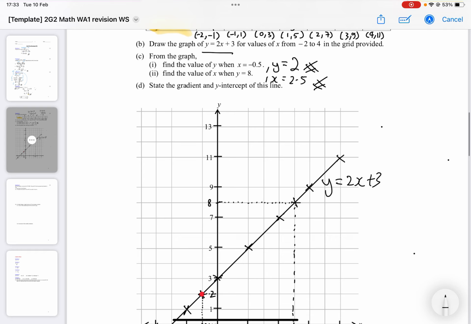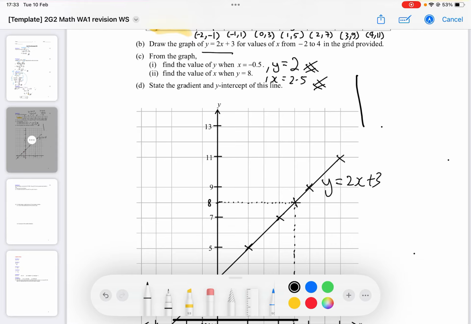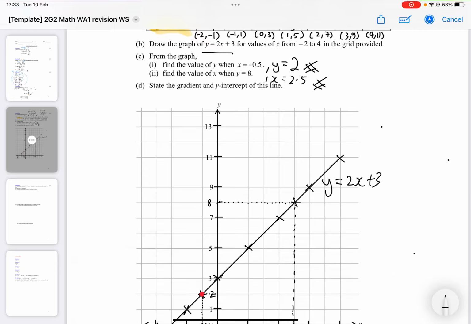State the gradient and y-intercept of this line. We have gone through in class before. We are able to read the gradient and y-intercept from the equation. So reading from the equation, y equals 2x plus 3, in this form, y equals mx plus c, my left hand side is only one y.